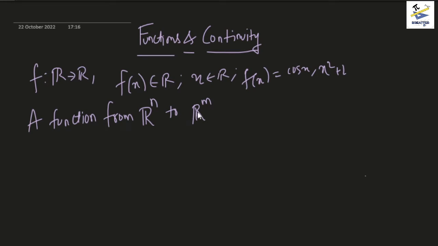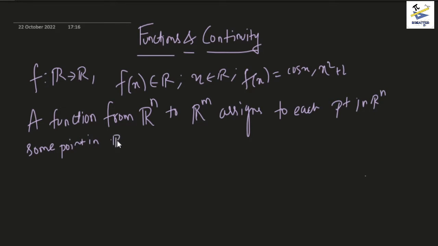So a function from R^n to R^m assigns to each point in R^n some point in R^m, right?